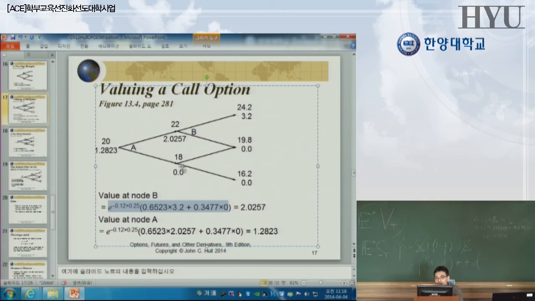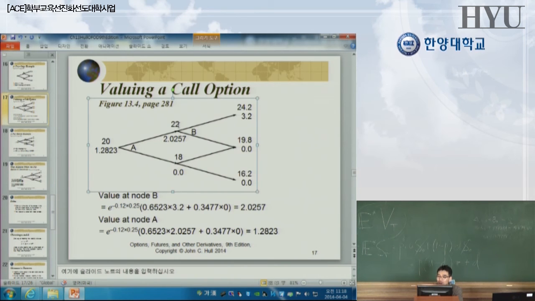Now at this point, we have to go to this part. In this part, the value of the option is what? In every possible future, it is 0. So actually, it is not even necessary to solve it. The option price should be 0, right? And then we analyze this part. In this scenario, it pays 2.0257. In this scenario, it pays 0.